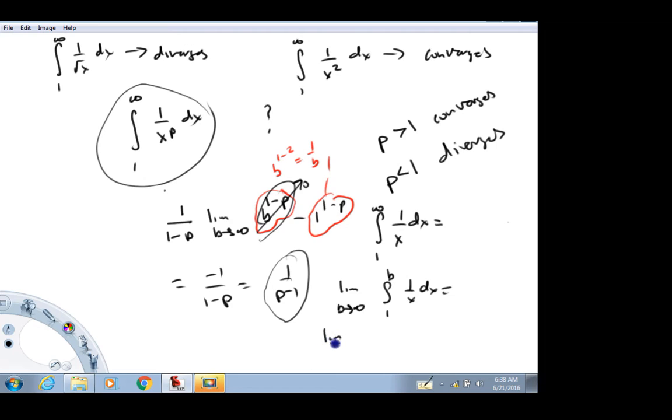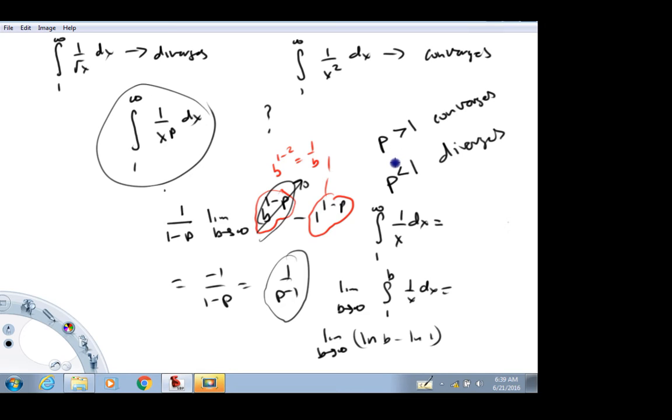Now the integral of 1 over x dx is natural log x. So this is going to be natural log of b minus natural log of 1. When we take the limit as b goes to infinity, natural log of b goes to infinity, so the limit does not exist. Right? And again, the integral is divergent.